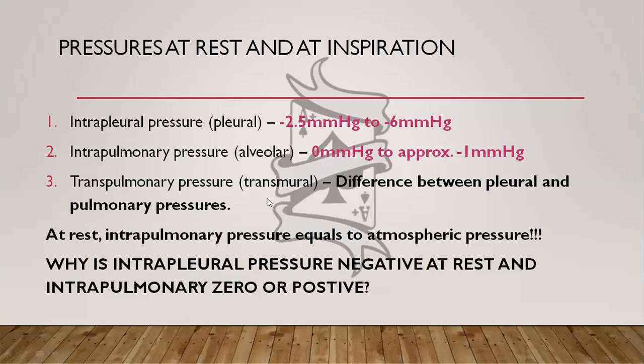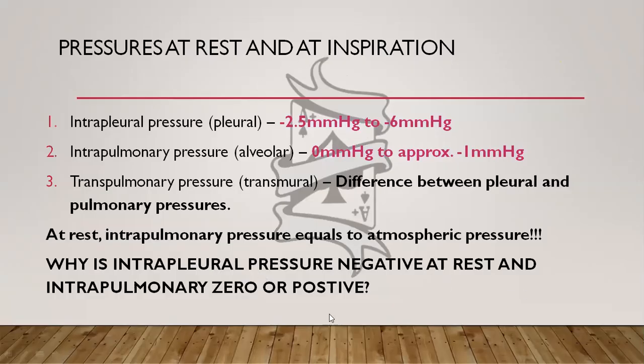The transpulmonary pressure, as I explained before, is only going to be the difference between pleural and pulmonary pressure. As we said, at rest, intrapulmonary pressure is equal to the atmospheric pressure. And we're going to explain now why the intrapleural pressure is negative at rest.